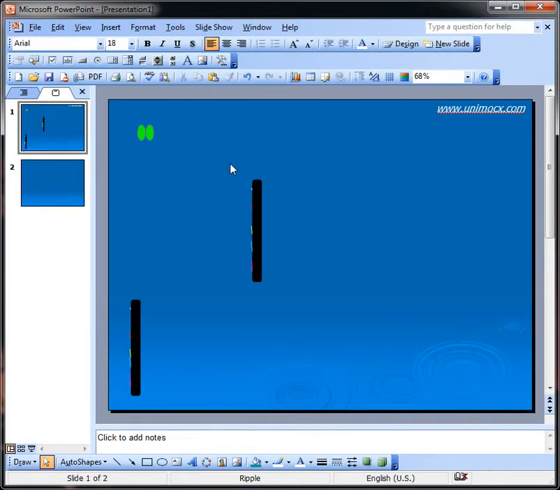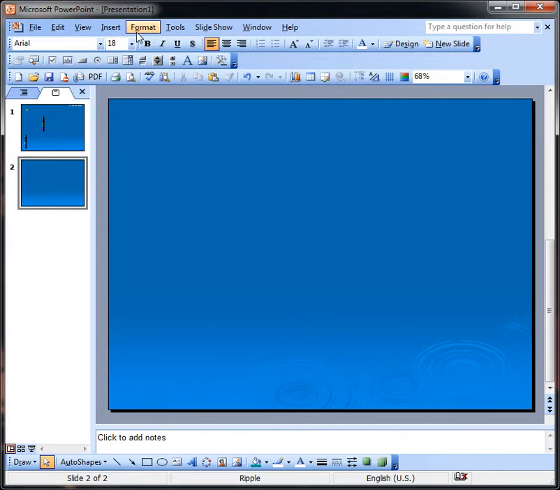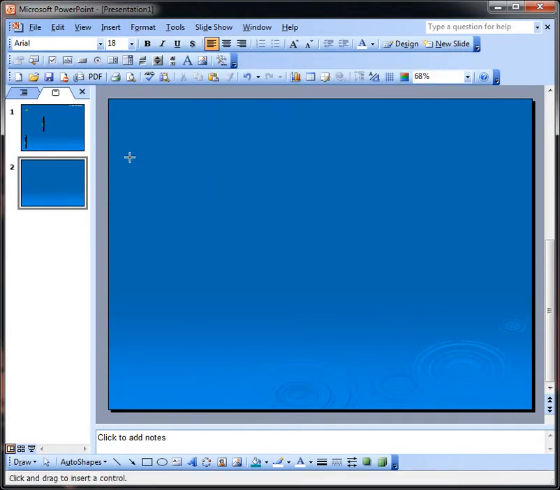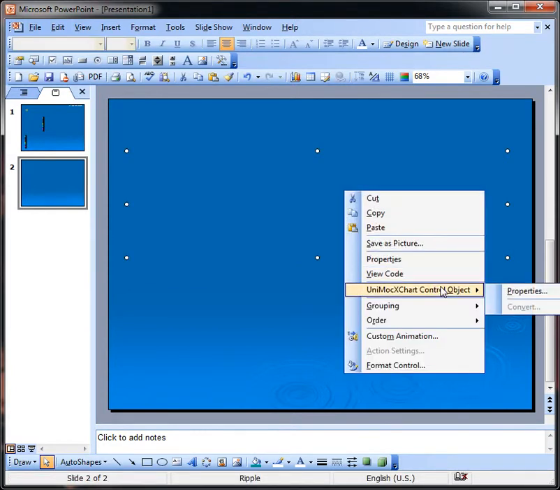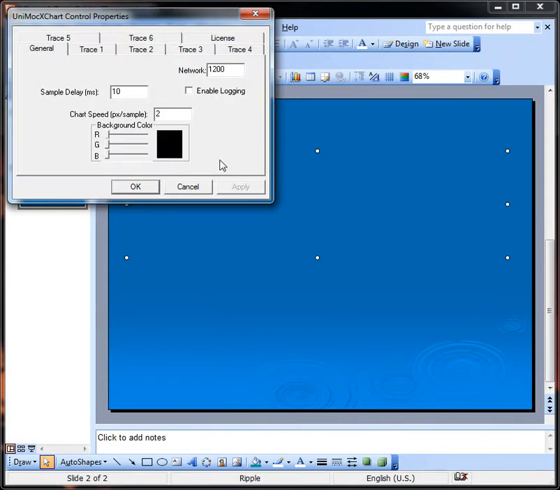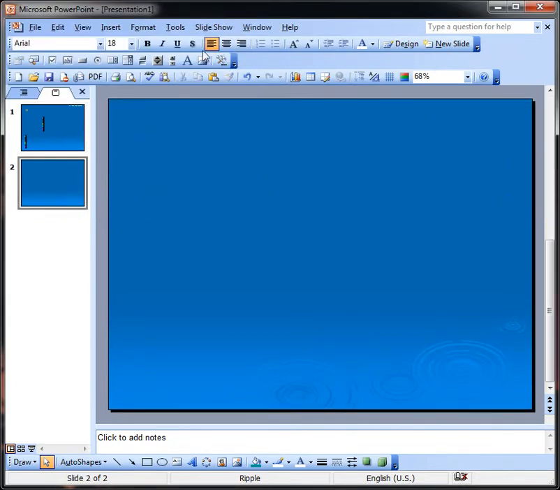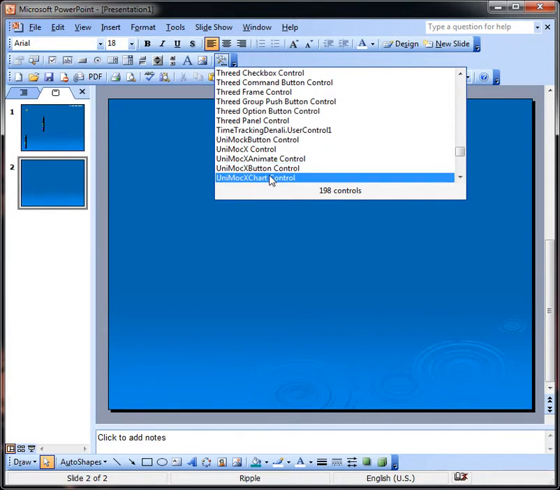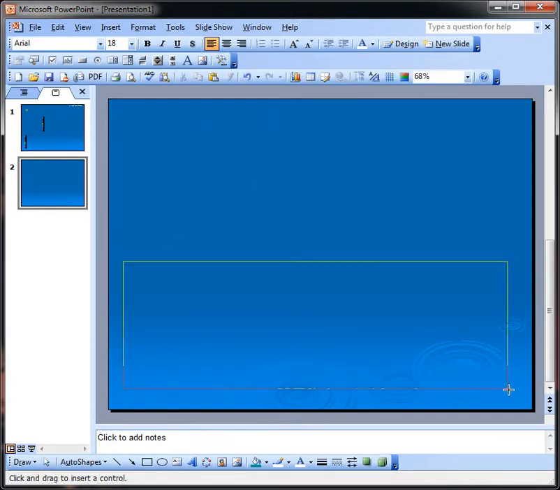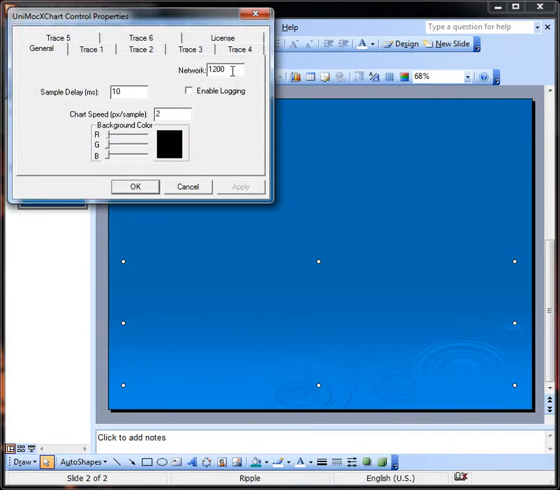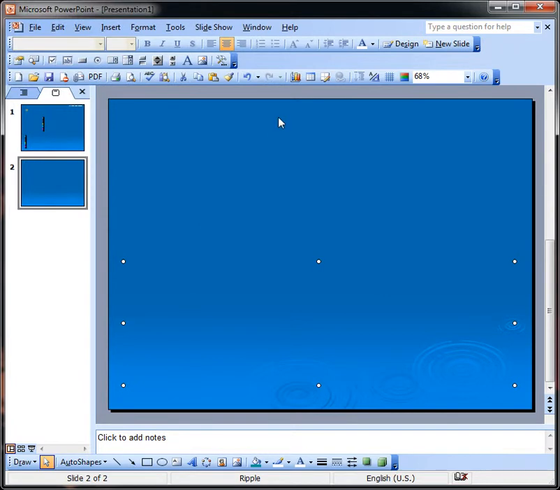Now, if we go to the next page of the presentation and we draw a chart control, and we label this chart control also to be for 1200, so that's going to correspond to this chart control. We'll draw another chart control here, and set this one to 1201 also, the way we did previously.